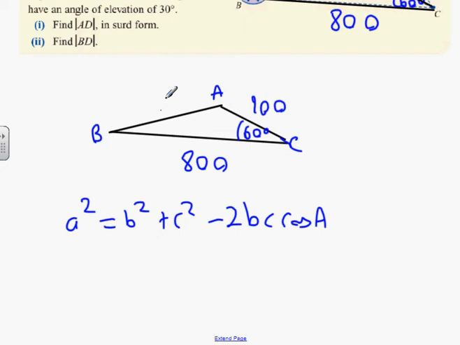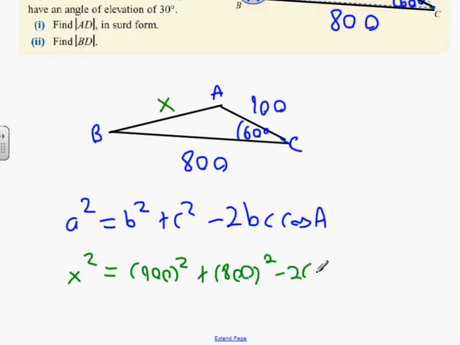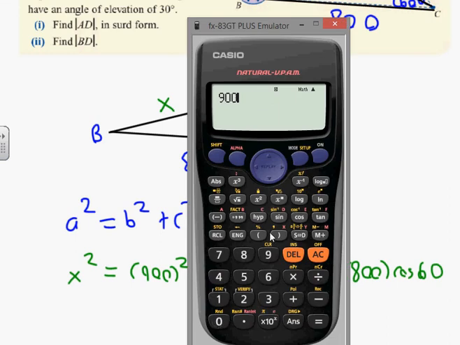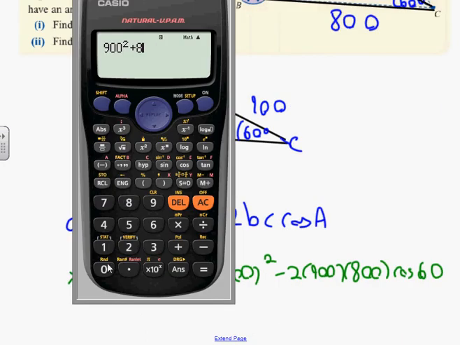So we're going to call this x. x squared equals 900 squared plus 800 squared minus 2 times 900 times 800 cos 60. I'm going to put that directly into the calculator as 900 squared plus 800 squared minus 2 bracket 900, 800 squared.